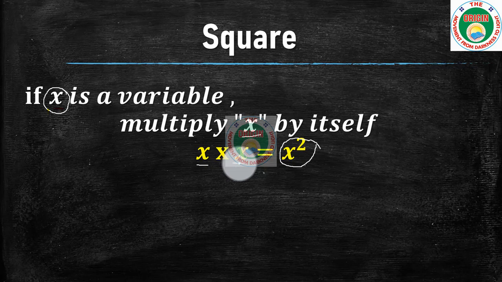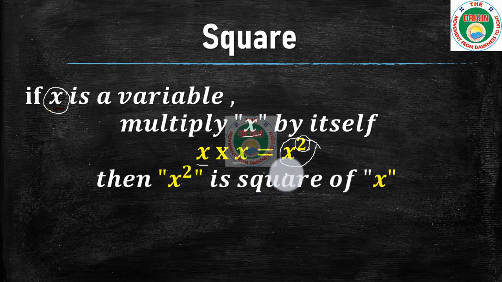X is multiplied 2 times, so we can write it as x power 2. Simply we read it as x square. This is the square of a number, any number. Simply we say that this x square is the square of x.